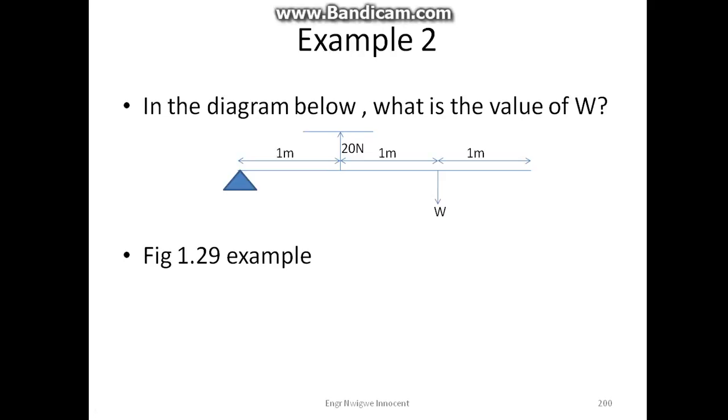The weight of the metal rule is hung 1 meter from where the metal rule is supported, and the rest of the metal rule is 1 meter. We are asked to find the value of W, which is the weight of the metal rule.